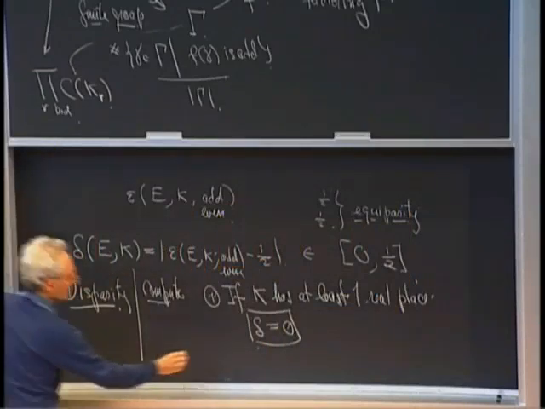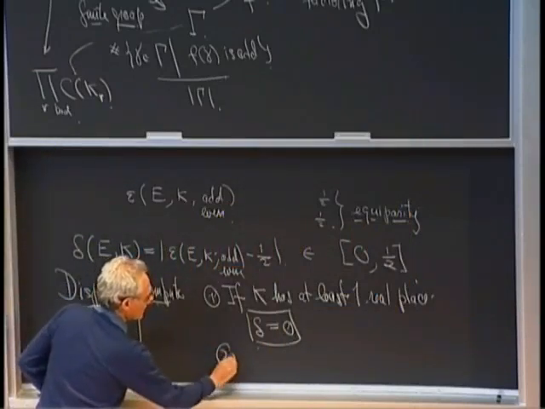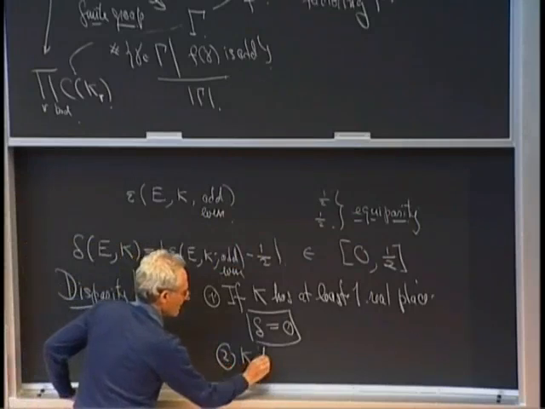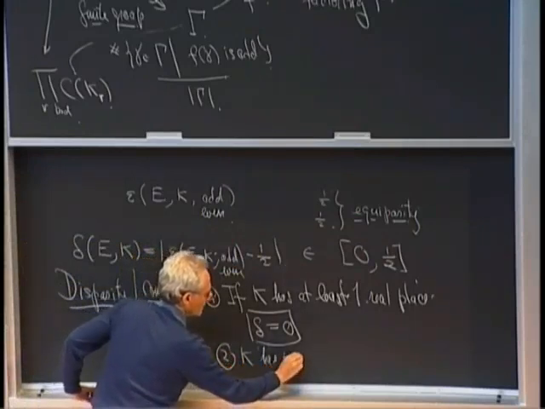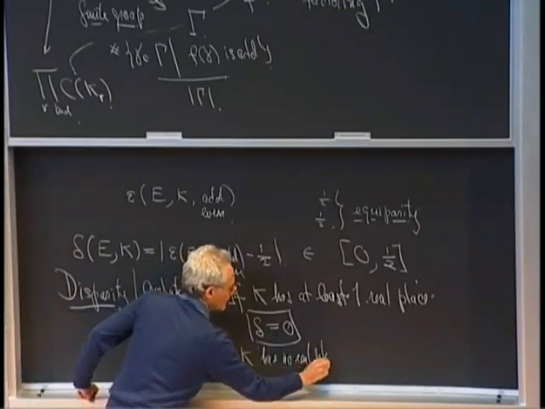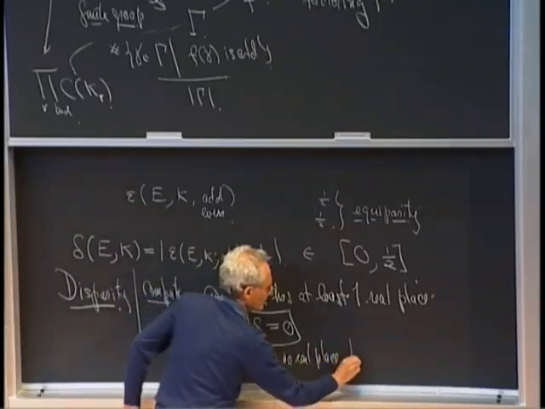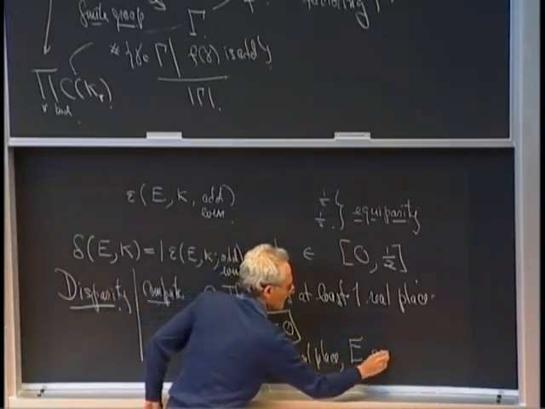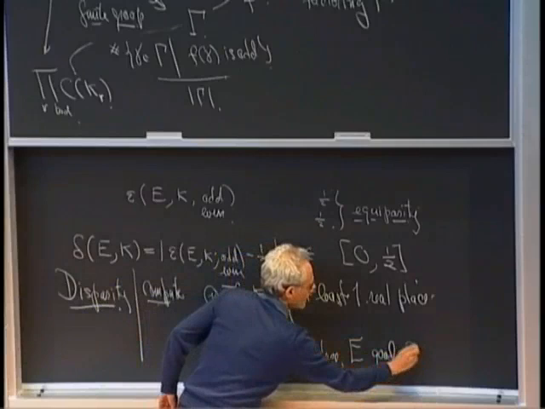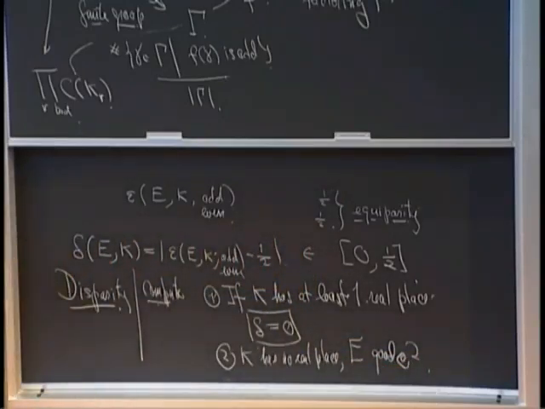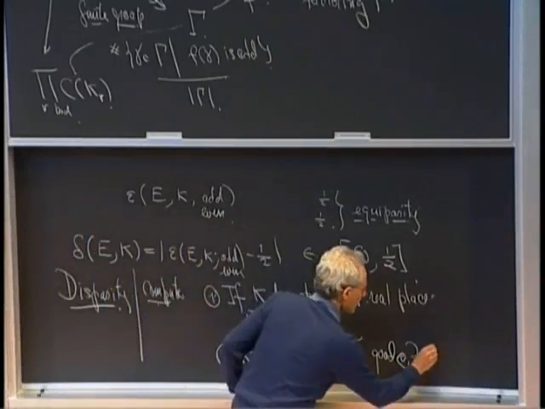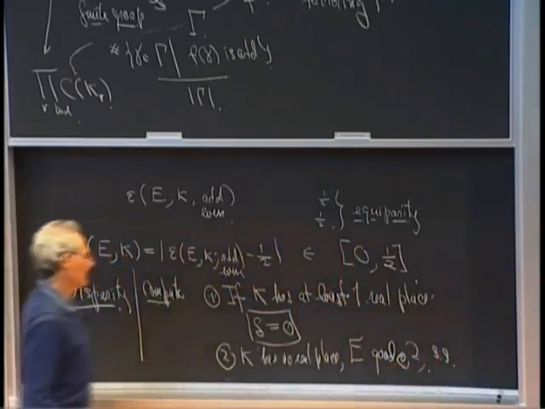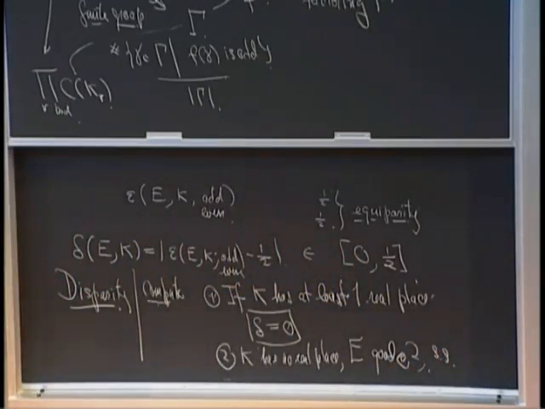In contrast, if k has no real place, and E is good at all primes above 2, good at 2, I'll say, and semi-stable, you never have delta equals 0.